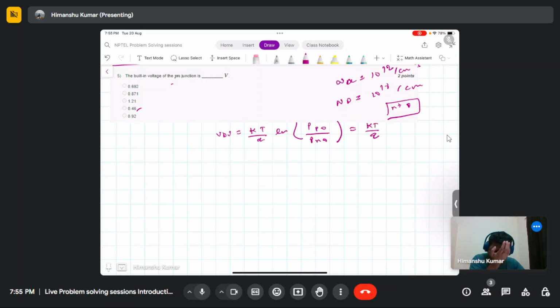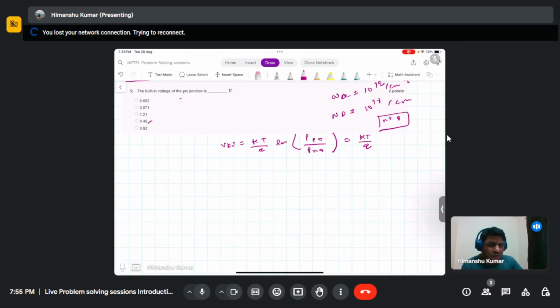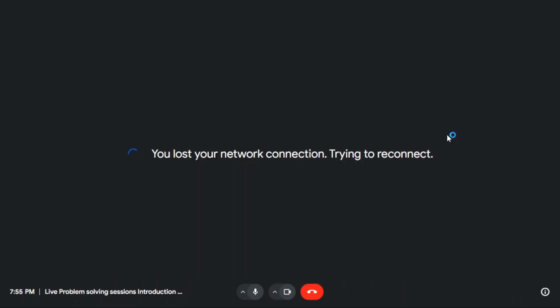Basically, pp0 is approximately equal to Na if you assume complete ionization.